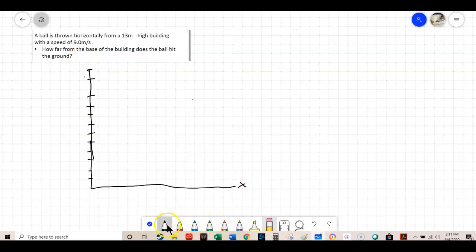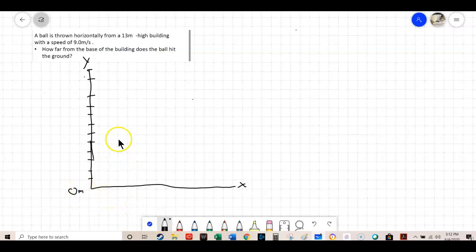So I want to label this stuff right here. We know it's 13 meters high, and it's going to be falling down to 0 meters, right? This is 0 meters down here.